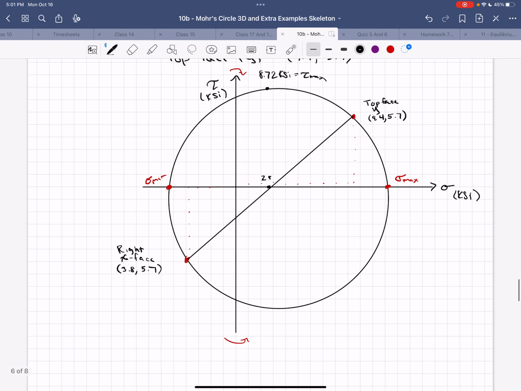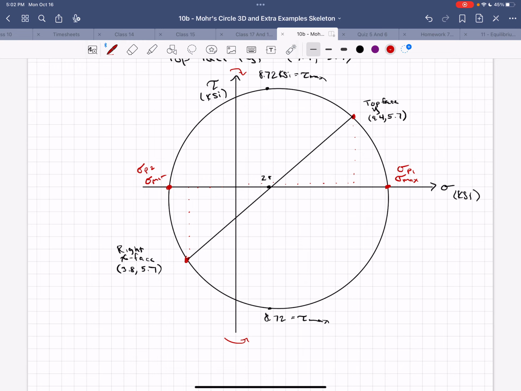And we're going to mark it down here too. 8.72 equals tau max. Okay, so now we have to calculate what we actually have. This could also be sigma P1 and sigma P2. So we actually have to calculate values for that.